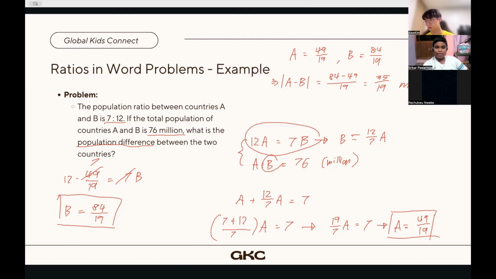So 7x plus 12x equal to 76. We get 19x equal to 76 and x equal to 4 million. And because they ask the difference, we can do B minus A, 12 minus 7. We'll get 5. 5 times 4 is 20 million.